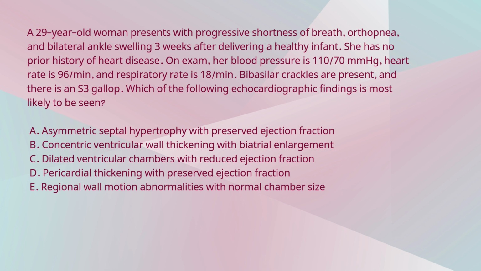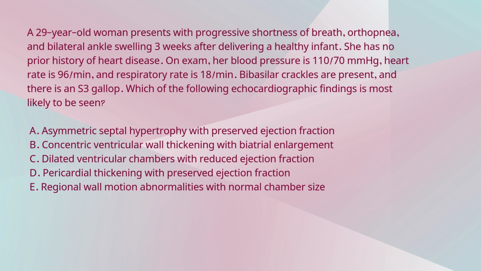Which of the following echocardiographic findings is most likely to be seen? Asymmetric septal hypertrophy with preserved ejection fraction, concentric ventricular wall thickening with biatrial enlargement, dilated ventricular chambers with reduced ejection fraction, pericardial thickening with preserved ejection fraction, or regional wall motion abnormalities with normal chamber size.